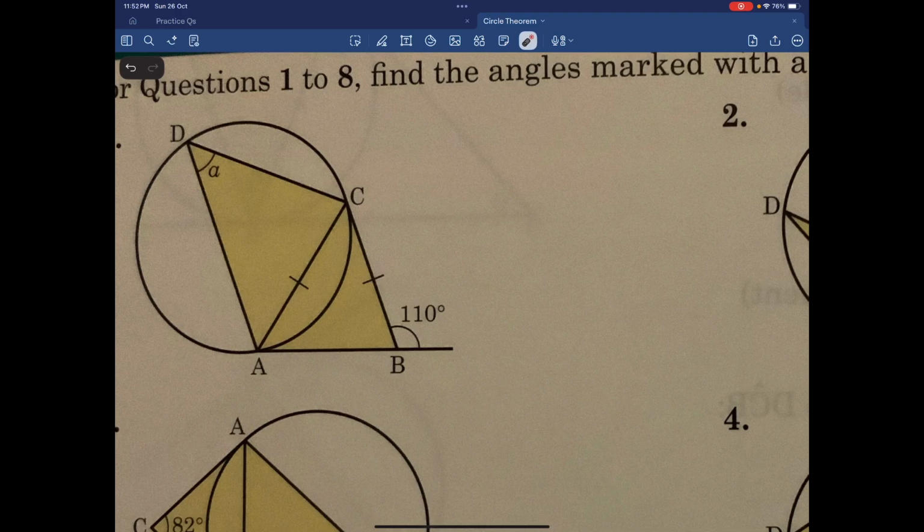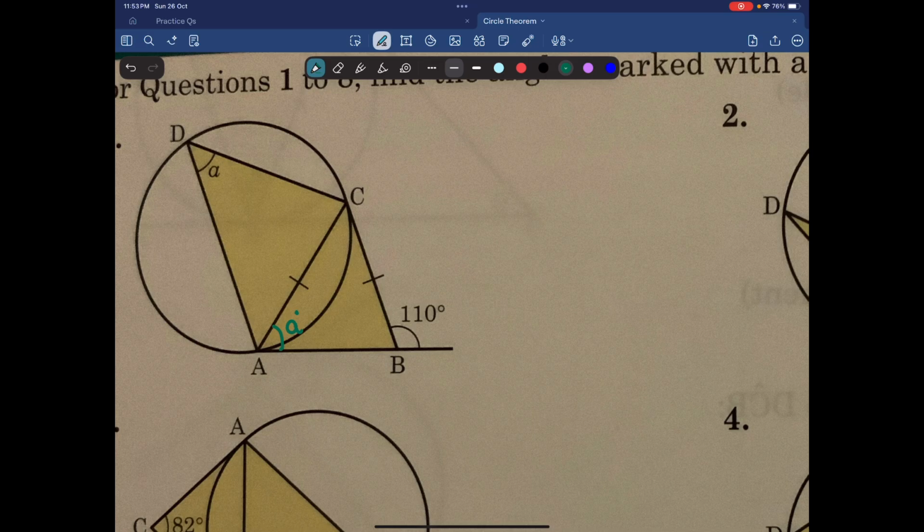And if we think about the application of the alternate segment theorem, we know that the angle between the tangent and the chord at the point of contact, so it would be this angle, is equal to the angle subtended by the same chord, so chord AC, in the alternate segment at the circumference. So it would be this angle. So basically this angle would also be equal to A. Okay? I hope this is clear. If not, please rewatch this part.